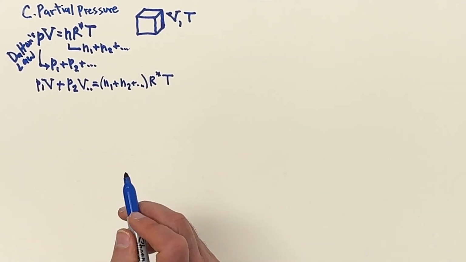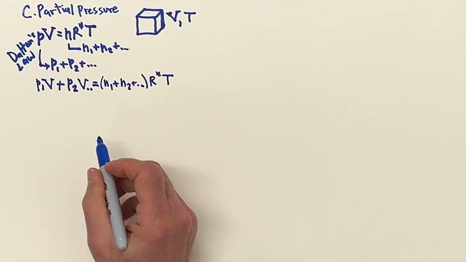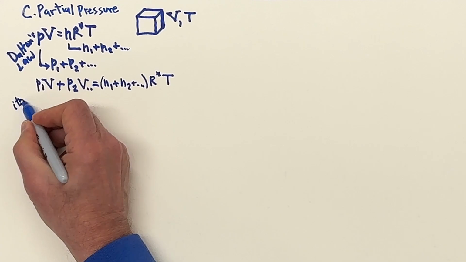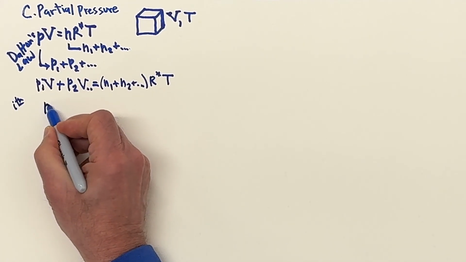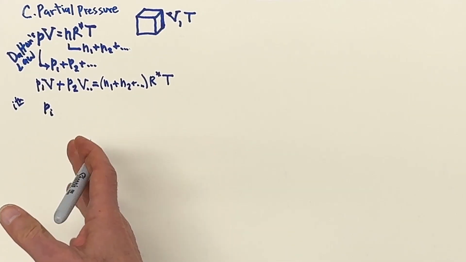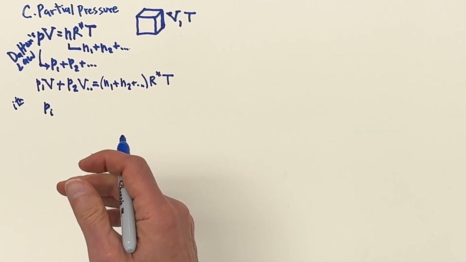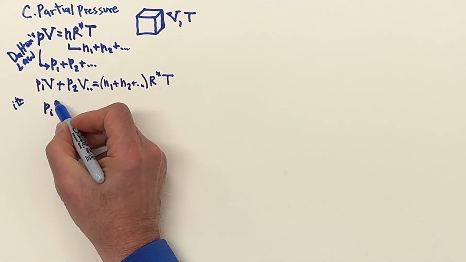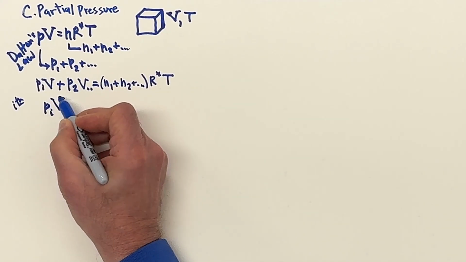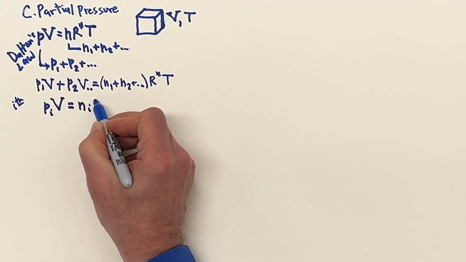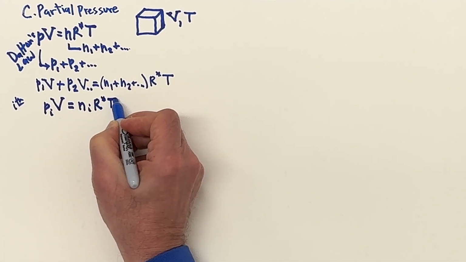Now, since the gases are independent, we can write for the ith component, we'll write Pi. I can consider i to be 1, 2, 3, 4, or nitrogen, oxygen, argon. So Pi times V is equal to Ni times R star T, since the gases are independent.